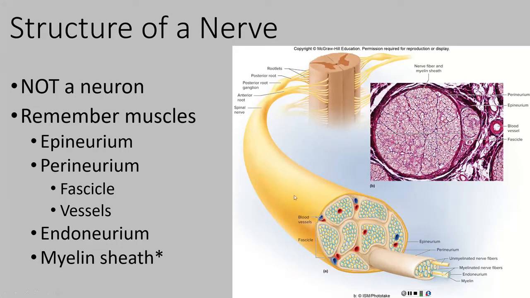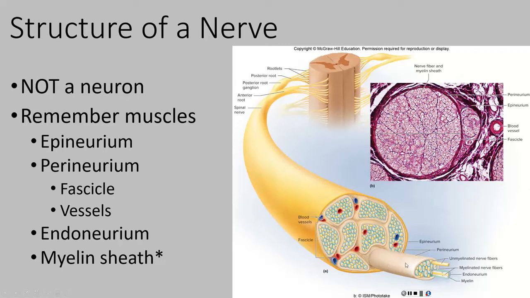So here is a nerve, and we've cut it open so that we can see inside of it. Now, the whole nerve is surrounded by a connective tissue wrapping called the epineurium. So all this yellow that we see right here is the epineurium. And inside of that nerve, surrounded by that epineurium, we see bundles.